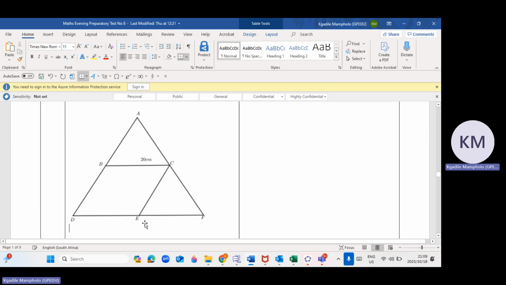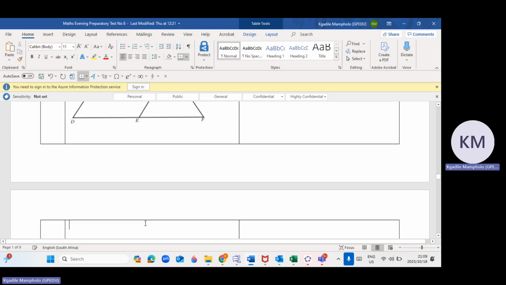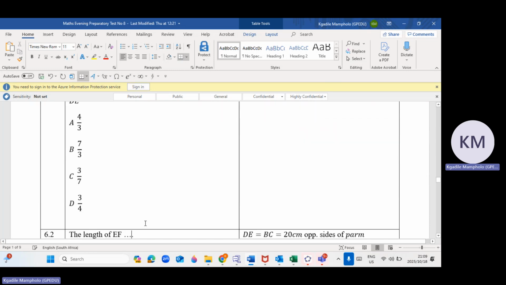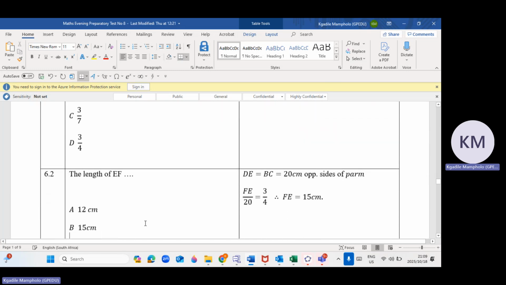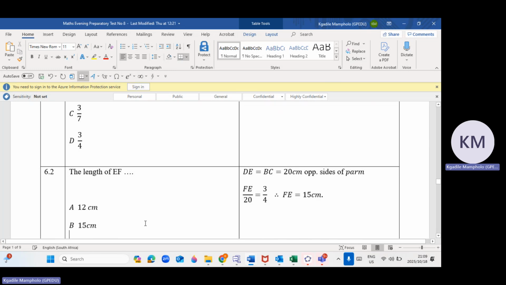So if DE is 20 centimeter, then EF is to DE is 3:4. So then you say FE over 20 is equals to 3/4. Then you cross multiply, then FE would be 15 centimeter.